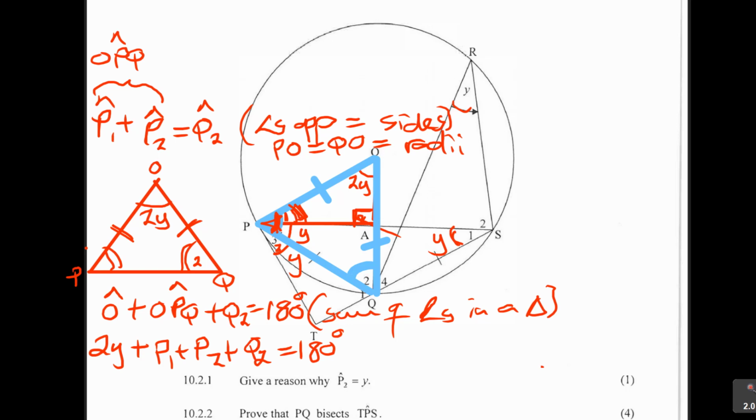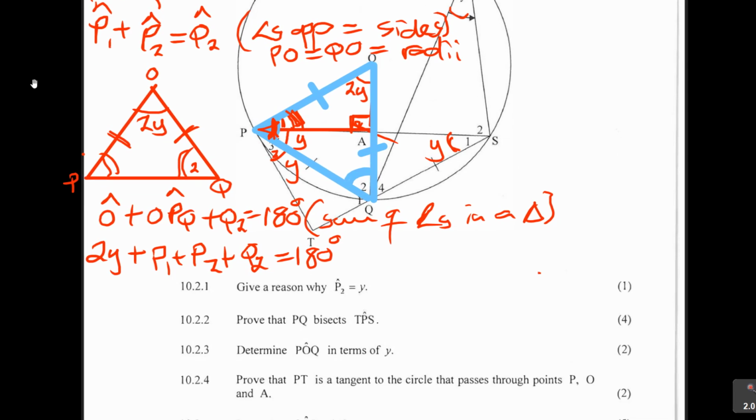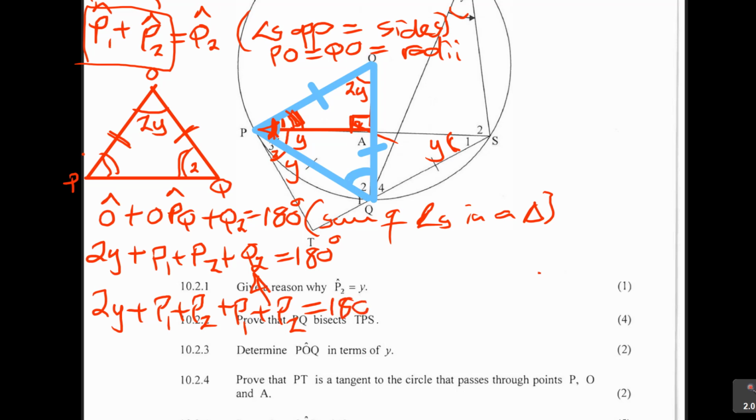Are you with me? But at the same time, I repeat again, we know what Q2 is. We said Q2 is P1 plus P2. So I can come here and say 2y plus P1 plus P2 again plus P1 plus P2 is equal to 180 degrees.